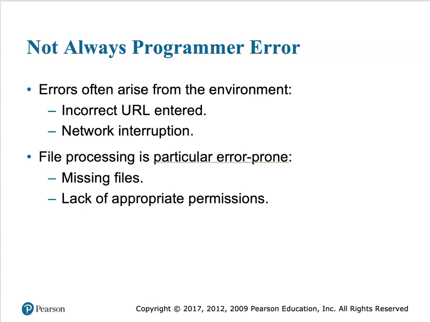It could just be the computing environment that you're working with. It could be that you need to pull information across the network from a URL, and the URL is incorrect. It could be you're in the middle of transferring a large file, and the network drops. Could be you're on an operating system such as Unix, where you have robust user permissions, and you're not able to read or write to that file or that directory, or the file that you're anticipating to find there has been deleted or moved.